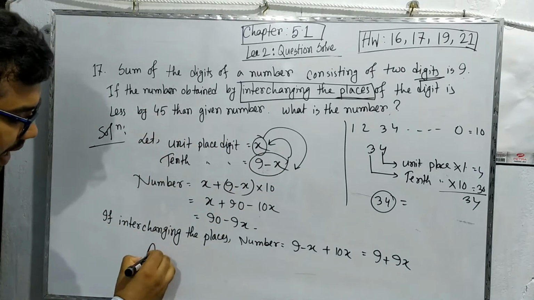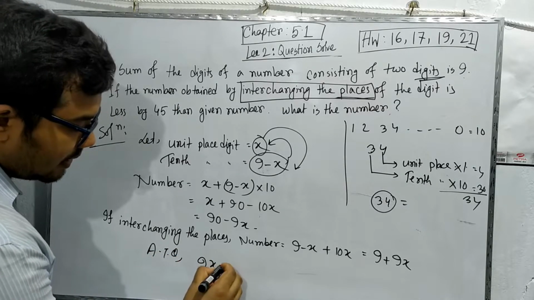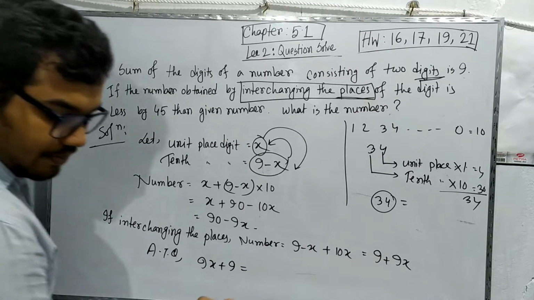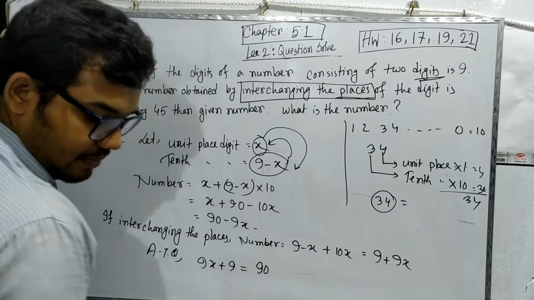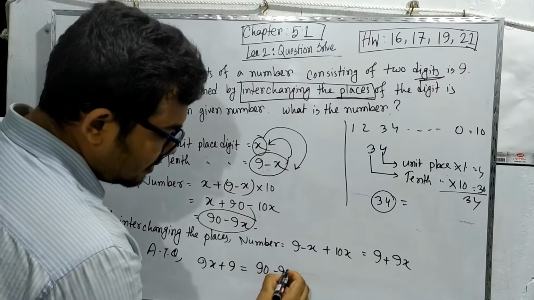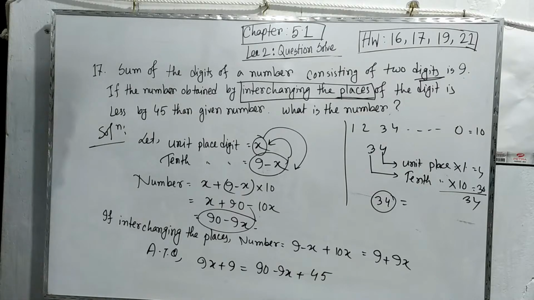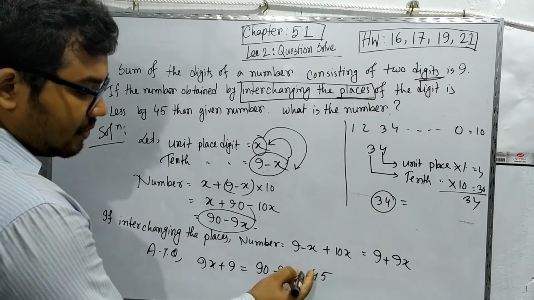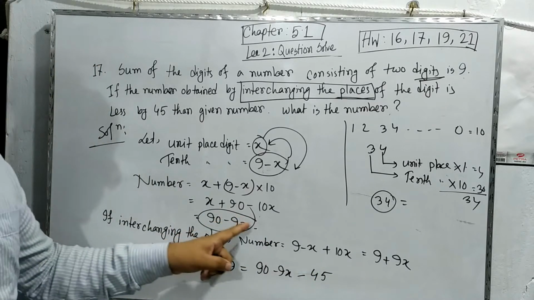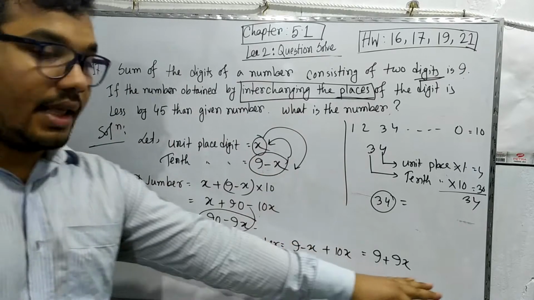Now the question says this number is less by 45. That means according to the question, 9 plus 9x equals 90 minus 9x minus 45, because this number is 45 greater than this.